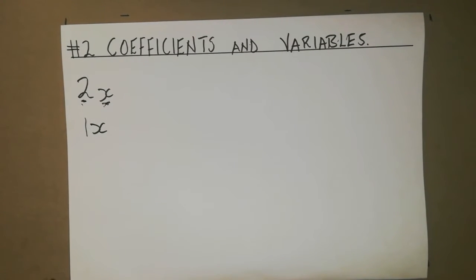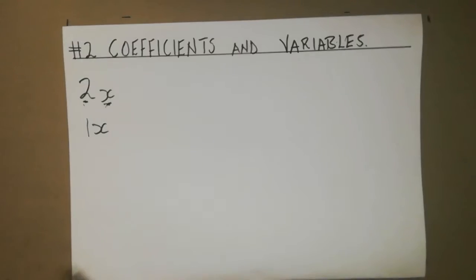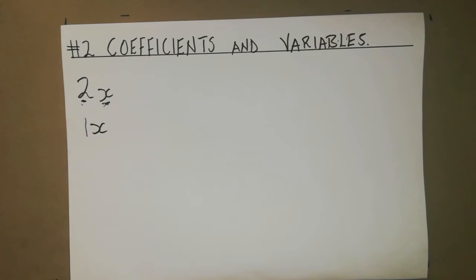Okay, now what you have to understand, there are some concepts that I want you to appreciate as I proceed explaining about these coefficients and variables. Basically, you find such circumstances where you will be asked to either add, subtract, multiply, or divide these coefficients with their variables.